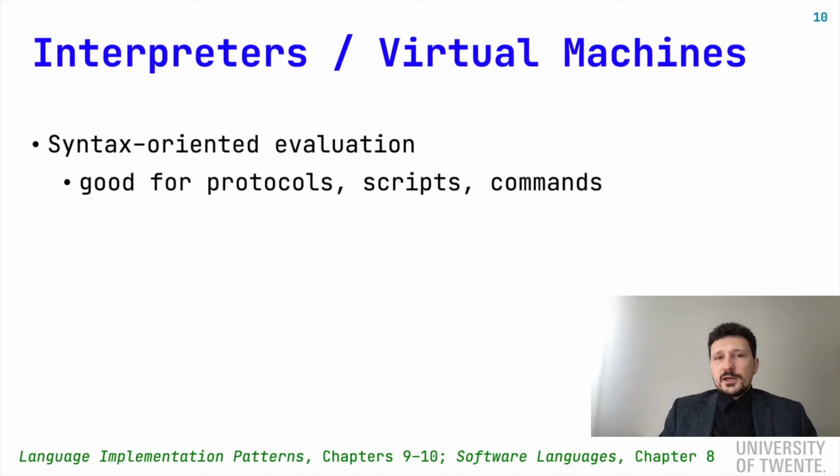If you have something like a protocol, or some simple script that has a number of commands that need to be executed on some data, something like job control language scripts, or batch scripts, or text editing commands, right? You take the first command and then you execute it, and then you take the second one and then you execute it. That's completely fine. You don't need any global scope or anything to continue doing that.